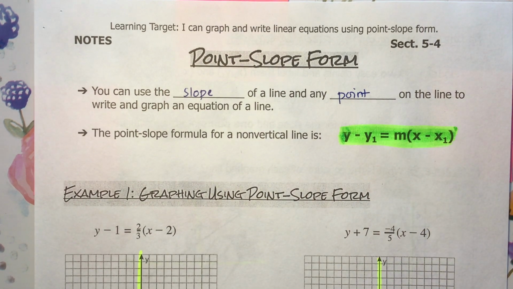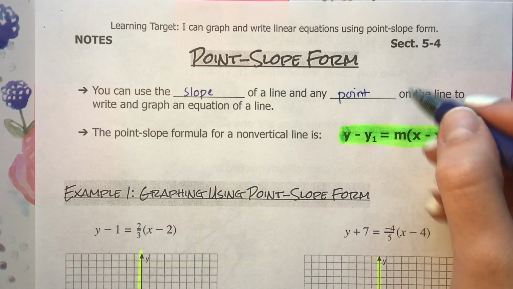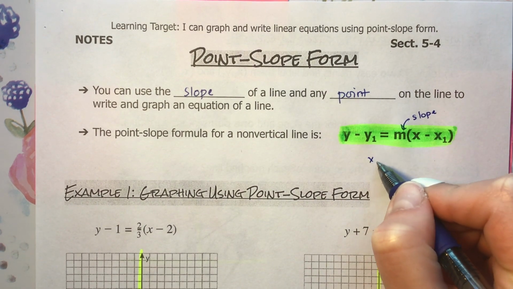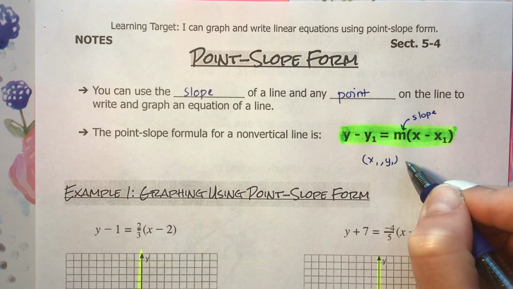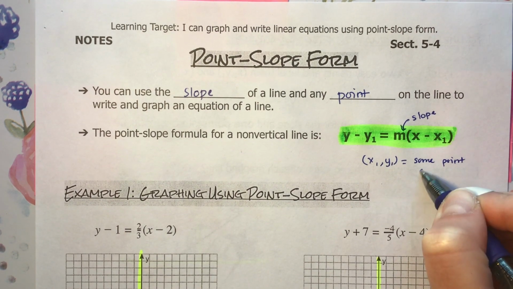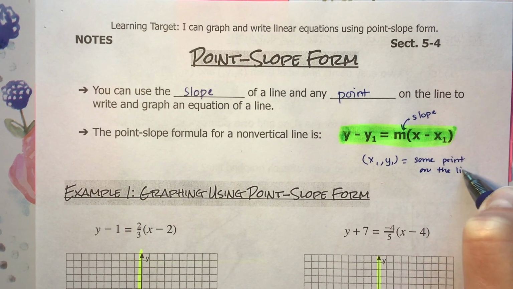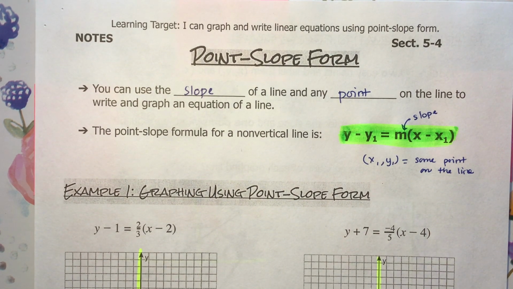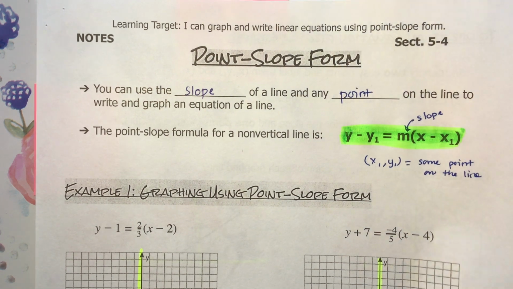It is y minus y sub 1 is equal to m parentheses x minus x sub 1. M is still the slope, and x sub 1, y sub 1 is just some point on the line. That's all it is, just some point on the line. So we are going to pull this information from the equations and be able to graph them.